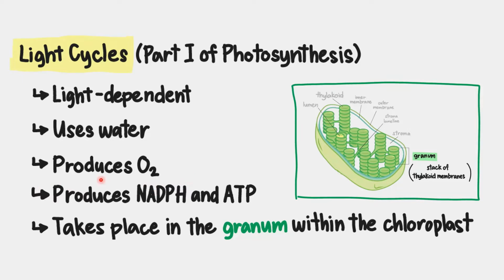The light cycle also produces NADPH and ATP. This NADPH and ATP are important since they will be used later for the dark cycle or the Calvin cycle. And the light cycle takes place in the granum within the chloroplast, so here, in the thylakoid membranes.